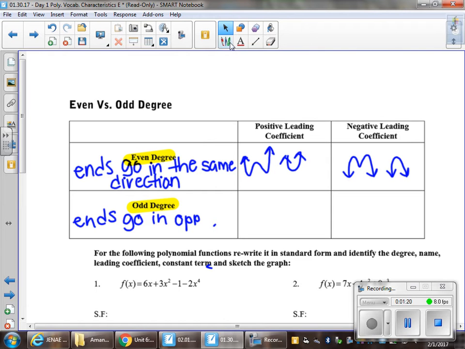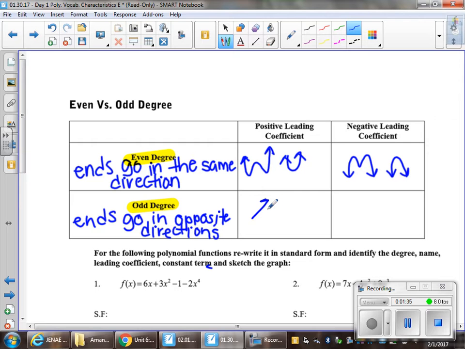Examples of what the graph would look like. Notice how the ends are going in opposite directions. What would be different about a negative leading coefficient? Rather than pointing up, it would point down.